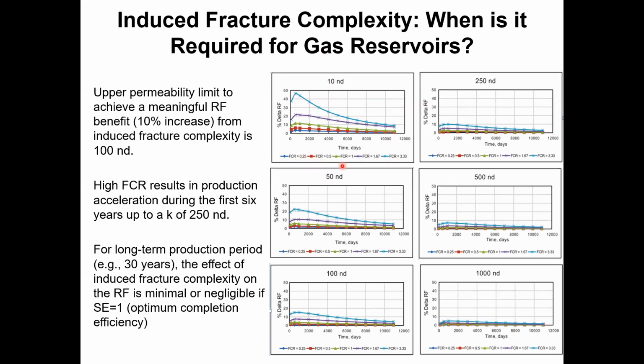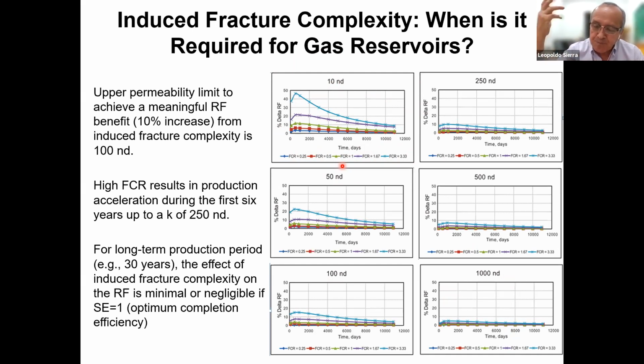If you recall, the fracture complexity ratio is the length of the complexity divided by the length of the fracture. And it means that, especially for gas reservoirs, the fracture complexity is only important, as you see here, up to 100 nanodarcies.